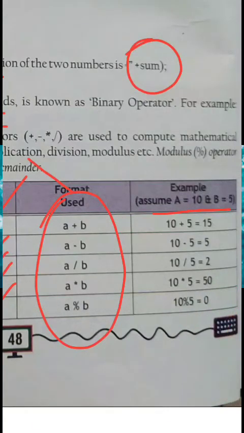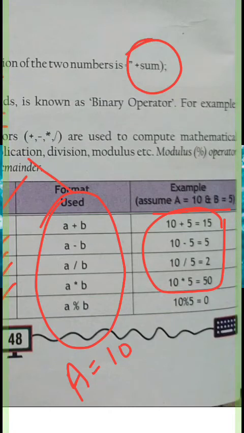Suppose a is equal to 10. I am taking an example to make you more clear about the modulus, because all these four things you know, you have studied in mathematics, but this modulus you haven't studied. A is 10, b is equal to 4.